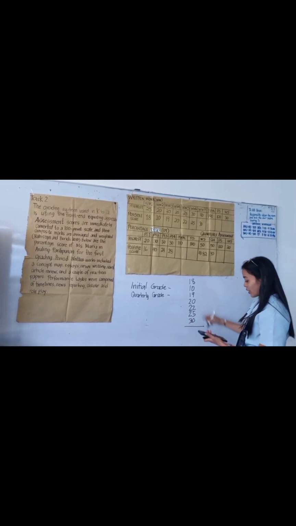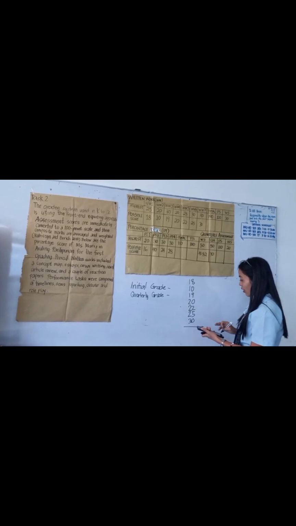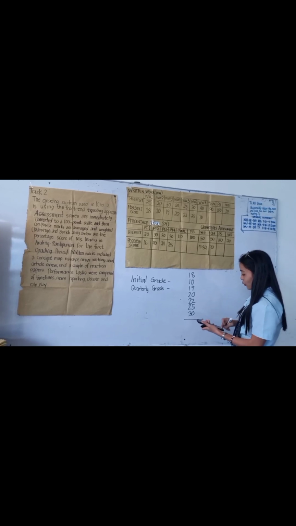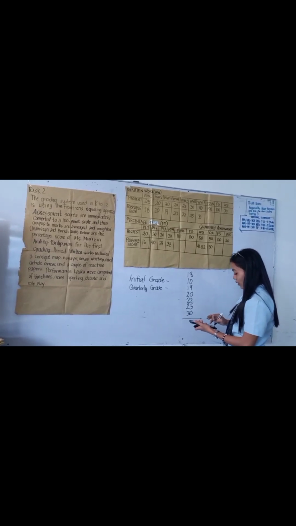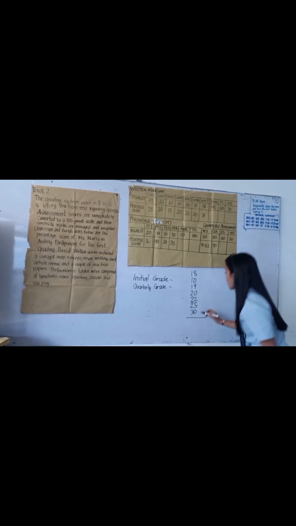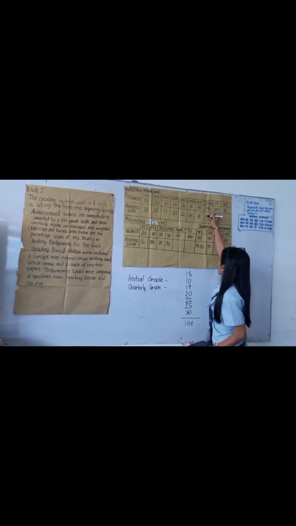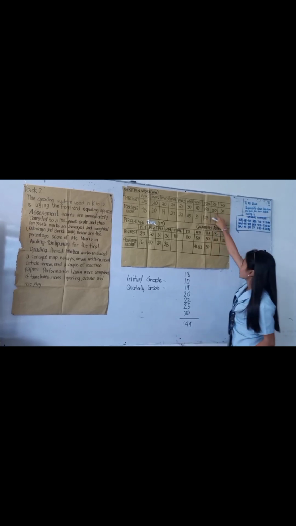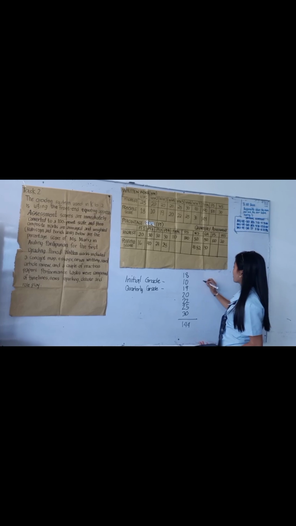So we are going to add all the written works. So 18 plus 10 plus 19 plus 20 plus 22 plus 25 and 30. So the total score is 144. So we're going to indicate the total score here, which is 144.